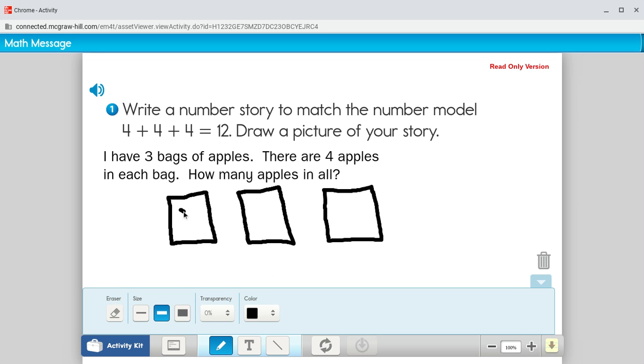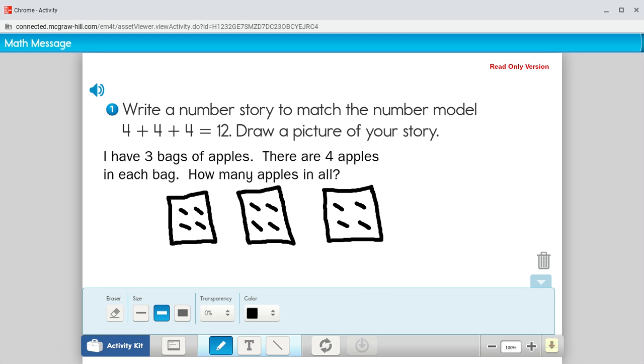So I have 1, 2, 3, 4. So I would draw actual circles, but it's difficult to draw circles on the computer, so I'm just drawing a line for each one. Okay. So my number model would be this up here, and these would be my pictures to match.